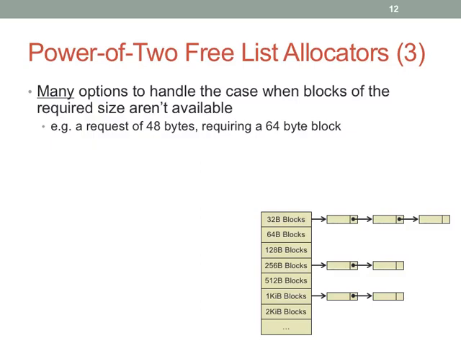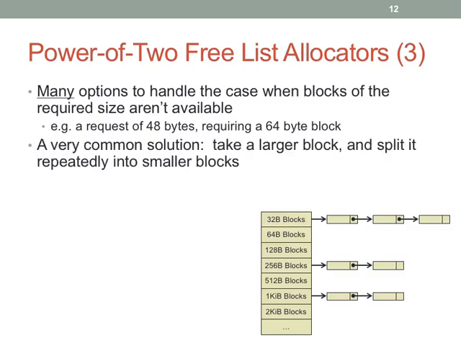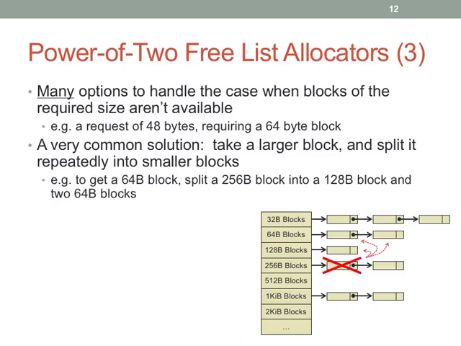So what we can do is take the next largest size block that we have available and split it into a number of smaller blocks. Okay, so in this case, we might take a 256-byte block, split it into a 128-byte block and 2 64-byte blocks. Then we propagate those to the appropriate free lists. And again, this is nice and simple. This is going to be a fast operation to perform.